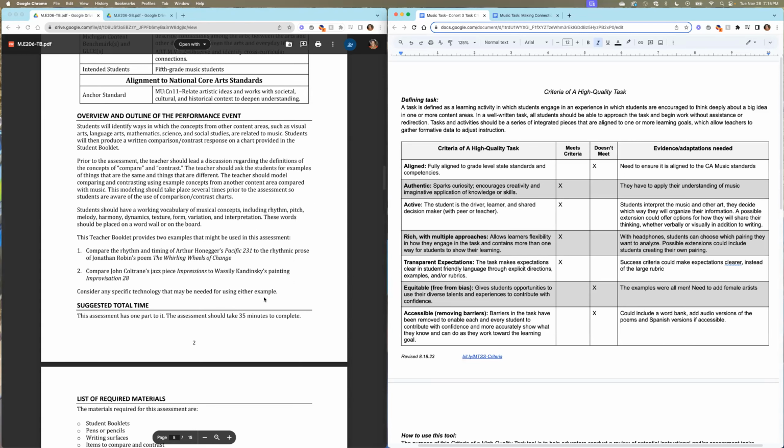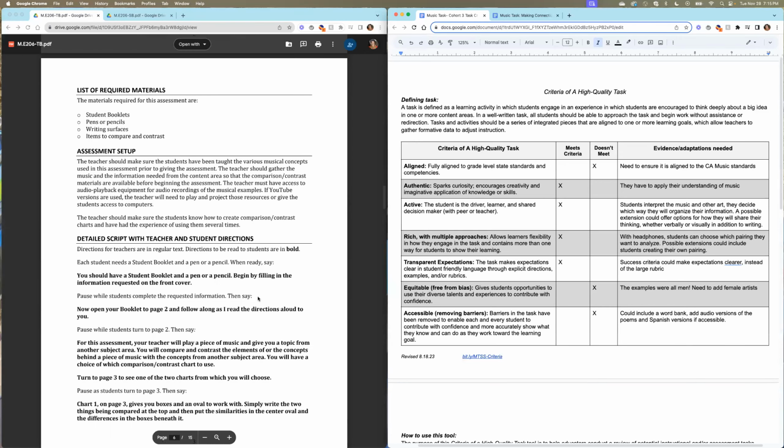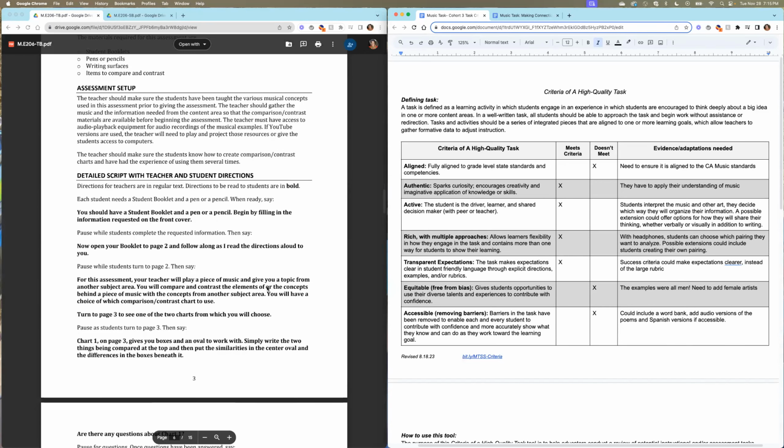And then I started looking through what the basis of this task is. Students have been learning about musical concepts like vocabulary around pitch, tempo, rhythm, and they should have some experience within their ELA and history social science classes already with compare and contrast.